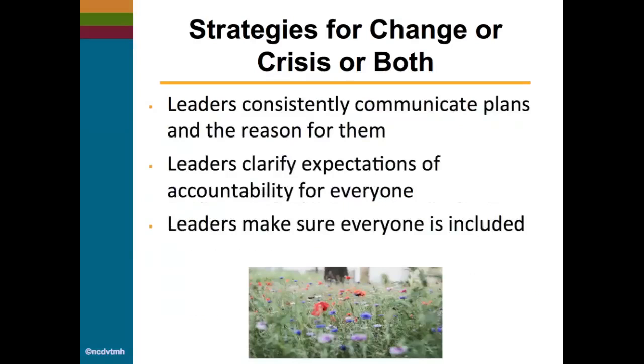Leaders also need to consistently communicate the plans during times of change and the reason for them. And so as a leader, it's up to me to clarify what I'm expecting within my organization. And so what is it that we're doing together? What are we all accountable for?